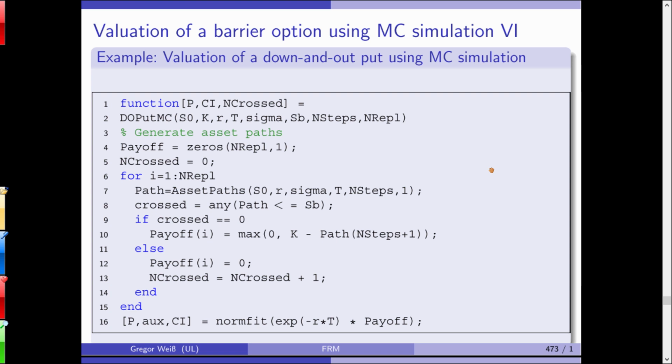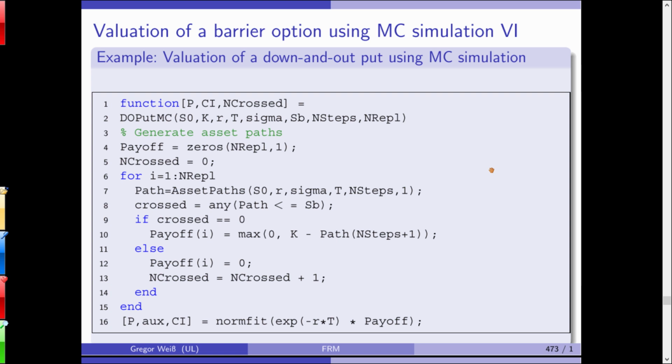Then, for every simulation, path is asset path, that's our helper function we defined before to simulate from a geometric Brownian motion. And then crossed equals any path lower than or equal to SB. SB is the barrier.